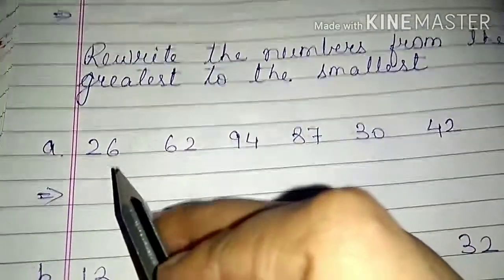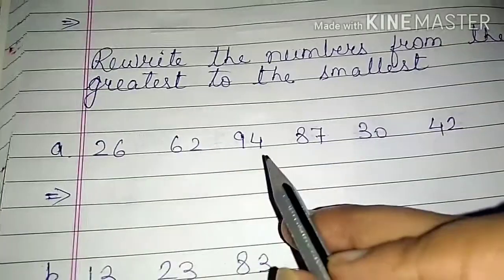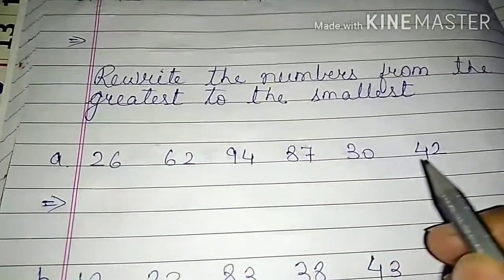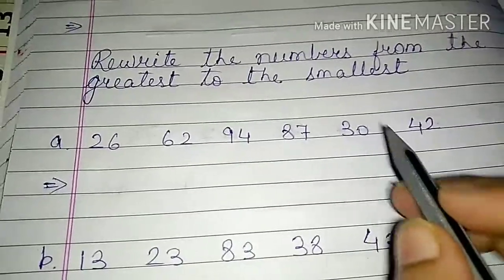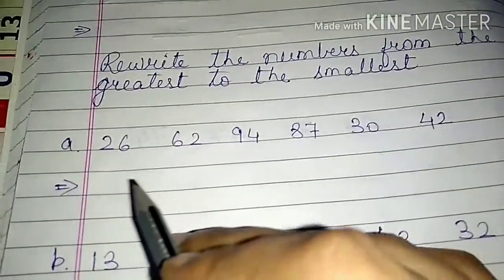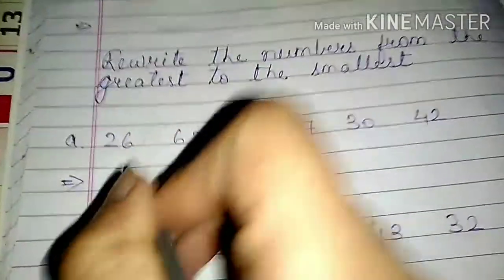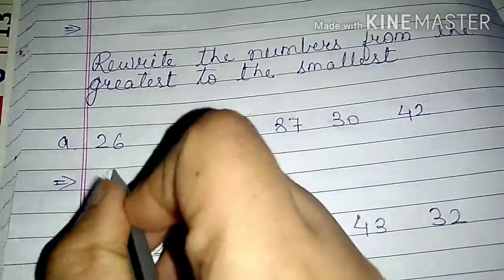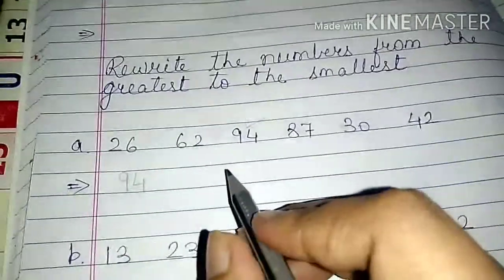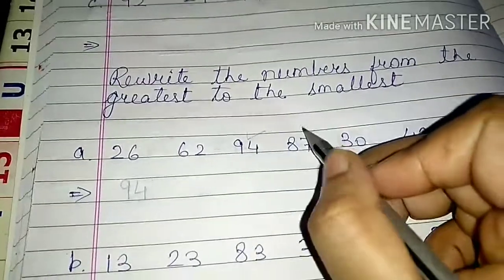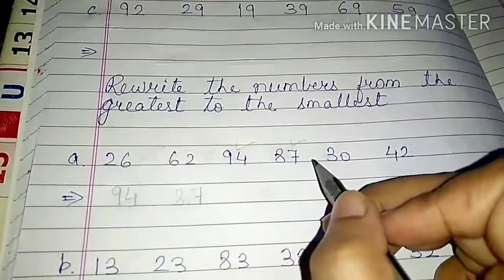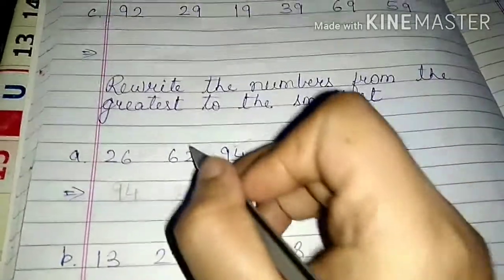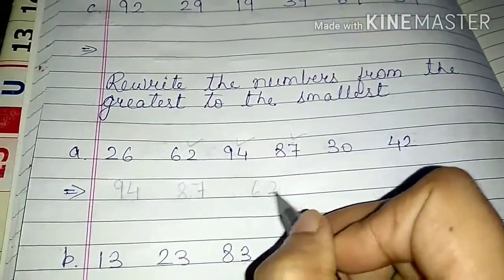Now see this one. 26, 62, 94, 87, 30, 42. So you have to arrange this number from greatest to smallest. So which is the greatest number here? 94 is the greatest, right? 94. After 94, less than 94 is 87, right? 87. After 87, less than 87 is 62, right? 62.